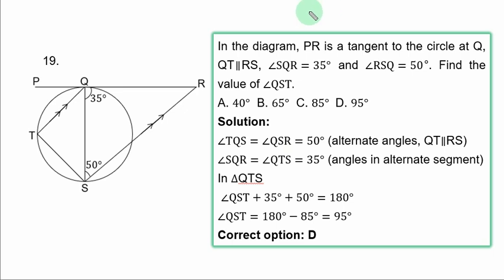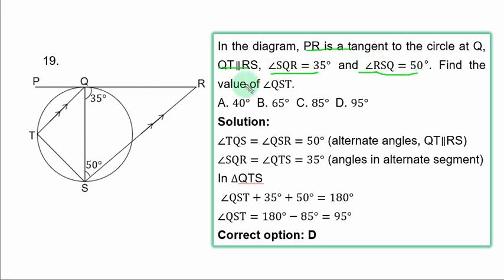Question 19. In the diagram, PR is a tangent to the circle at center Q, at point Q. QT is parallel to RS, angle SQR is equal to 35 degrees, and angle TQS is 50 degrees.